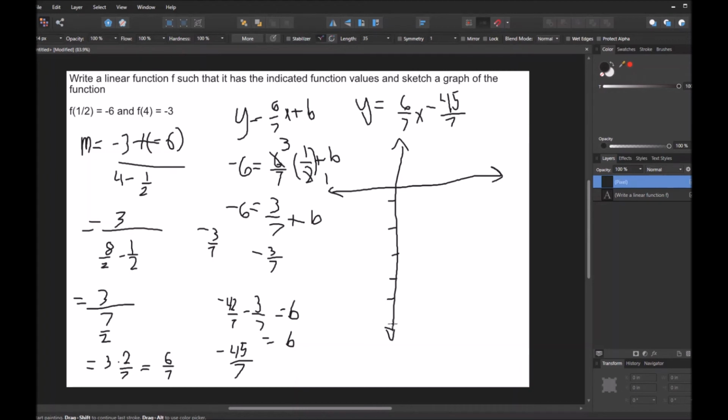So -6 is down here, so I would go down just past it like this maybe, and then it goes up 6, so 1, 2, 3, 4, 5, 6 like that, and then over 7. Let's just call 7 over here. This is going to be a really rough sketch. I only have 2 points. So, yeah, that's how you do that one.